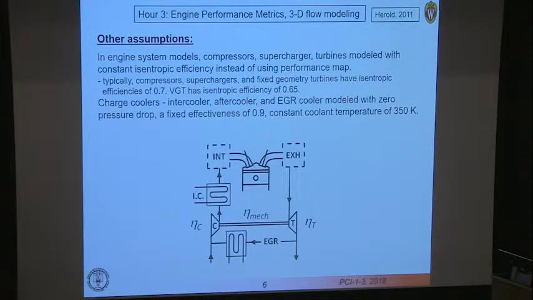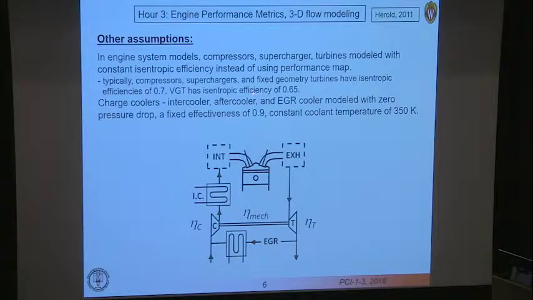Other assumptions in these engine system models that I showed you, these 0D and 1D models: we assumed that we had isentropic compressors, superchargers, turbines. We didn't generally use the exact performance maps. Typically, we assume that the compressors and so on have efficiencies of 0.7, as we discussed last time.